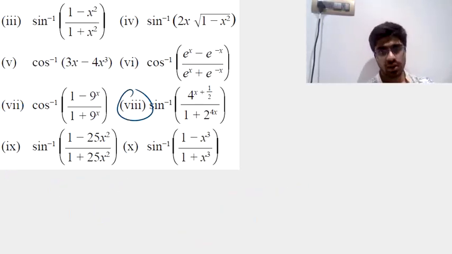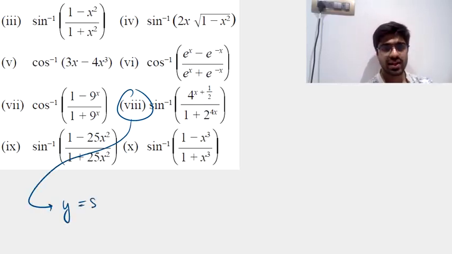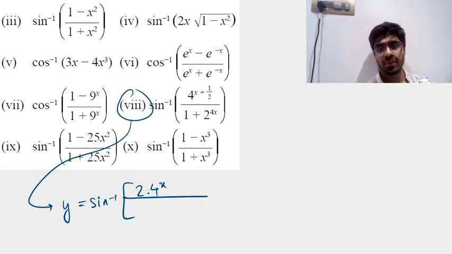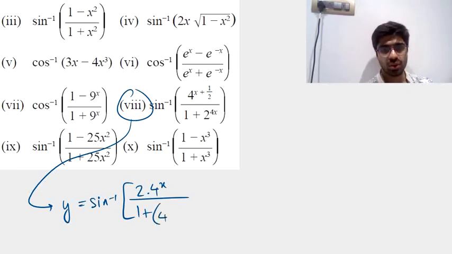Continue with the eighth one, 4 power x plus half. Now that's one thing that you need to simplify. So we have y as sine inverse of 4 power x plus half is like 4 power x into 4 power half. 4 power half is going to be root 4, which is equal to 2. So we have 2 into 4 power x the whole divided by 1 plus 2 power 4 x, that is 2 power 4 the whole power x. 2 power 4 can be written as 2 square the whole square, which is 4 square, and 4 square the whole power x is 4 power 2x. 4 power 2x can also be thought of as 4 power x the whole power 2.